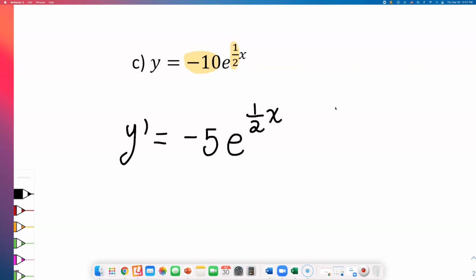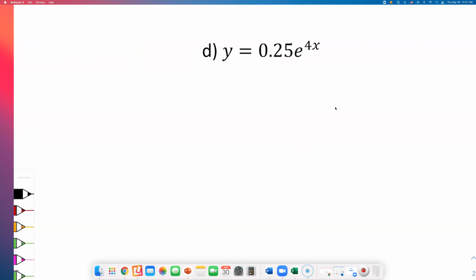All right, let's do the last one. I need to multiply a quarter times 4. What is a quarter times 4? That is just 1 e to the 4x, and we can just write that as y prime equals e to the 4x.